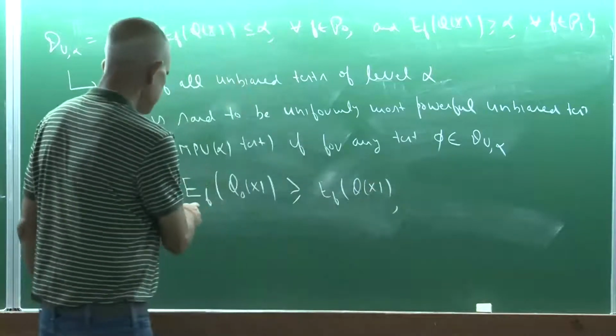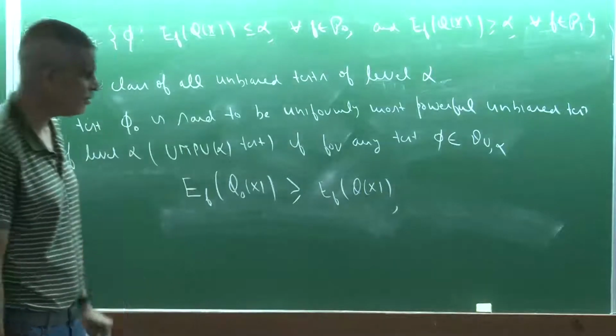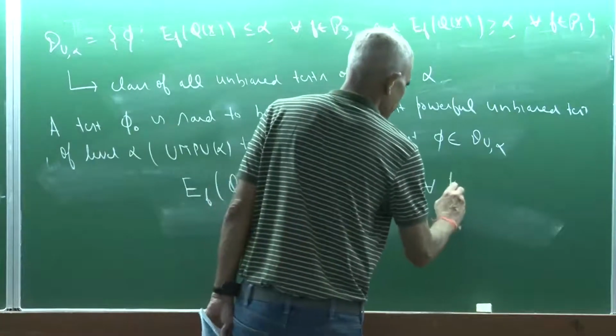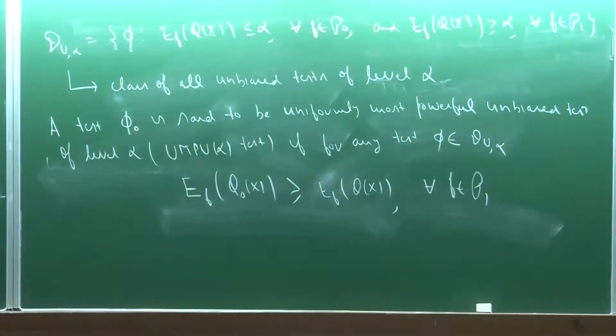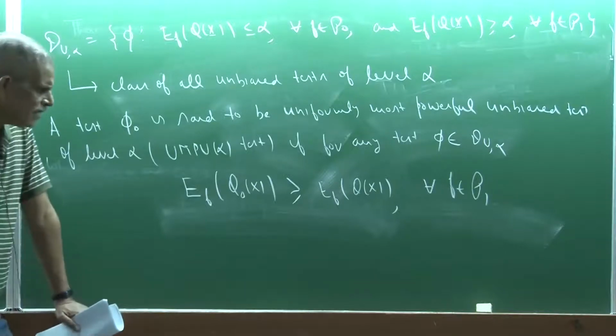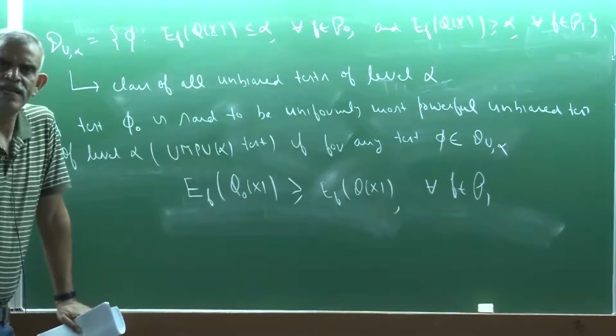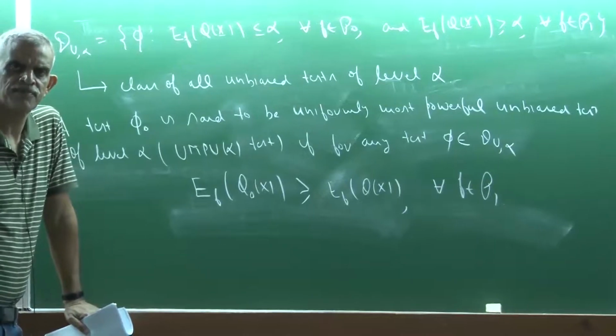And E_f of phi(X) becomes the power when f belongs to P1. So for every f belonging to P1. So that is our goal. We'll see that in many situations one can find such a test.